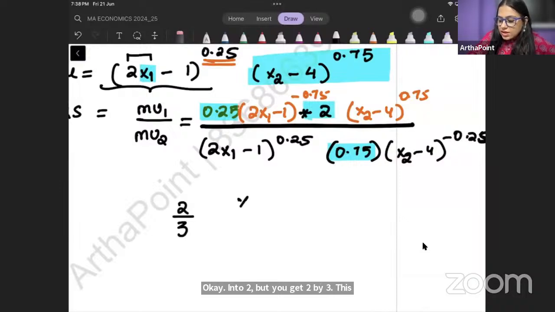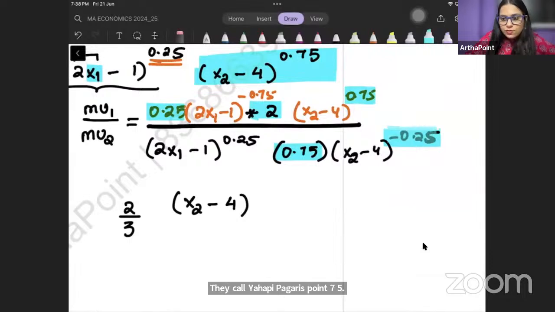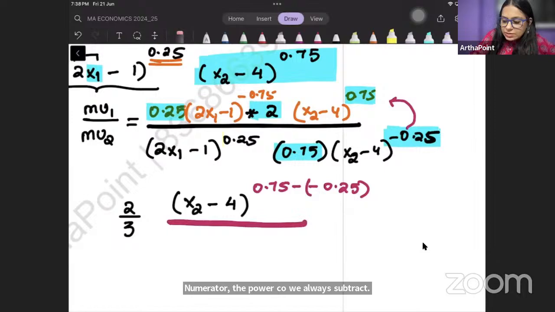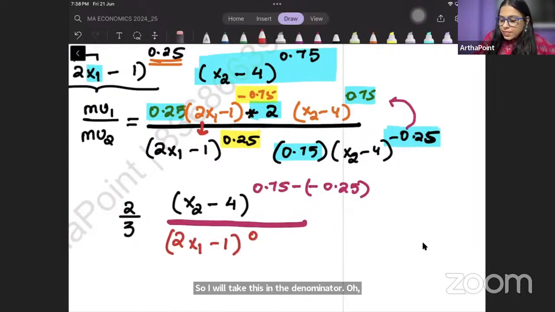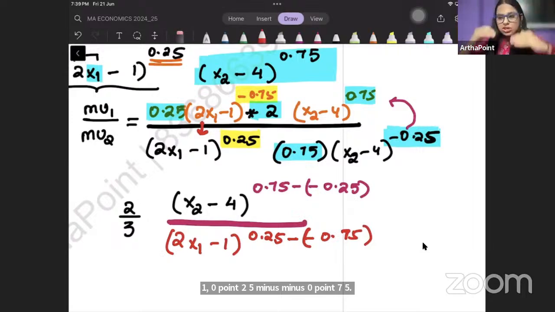This is x2 - 4. देखो यहाँ पे पावर is 0.75 और यहाँ पे पावर है -0.25. तो when I will bring this in the numerator, ये हो जाएगा 0.75. न्यूमरेटर की पावर को we always subtract. I am going very slow. ऐसे ही यहाँ पे डिनोमिनेटर में there is a positive power और यहाँ पे negative power, तो I will take this in the denominator. तो 2x1 - 1, 0.25 minus 0.75. पॉजिटिव पावर को वहीं रखो, नेगेटिव वाले को नीचे या ऊपर लेकर आओ.